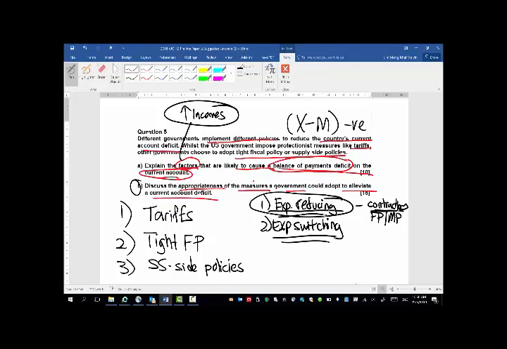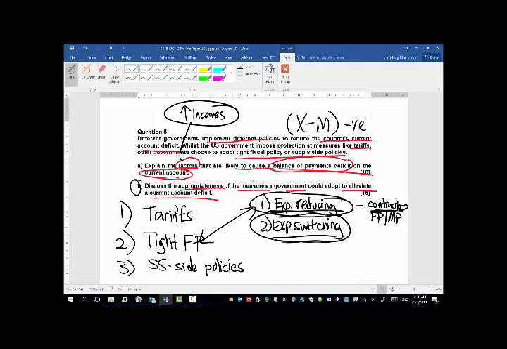Okay? So this part here is actually tying in with this portion here, expenditure reducing. Okay, when we talk about expenditure switching, why is there a need for us to switch expenditure? What do we mean by expenditure switching? That means getting your domestic consumers to buy less imports.